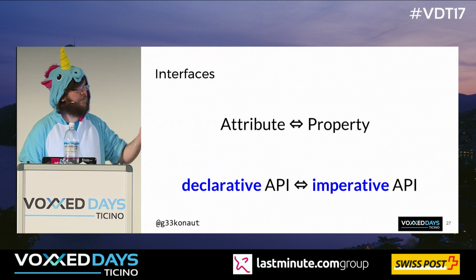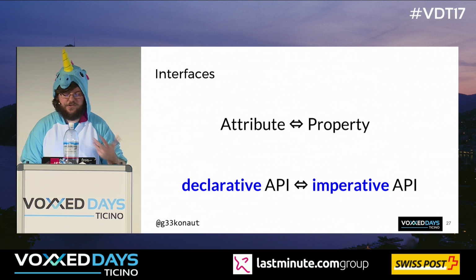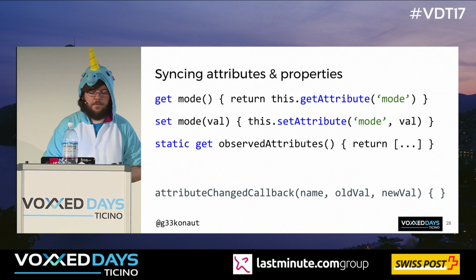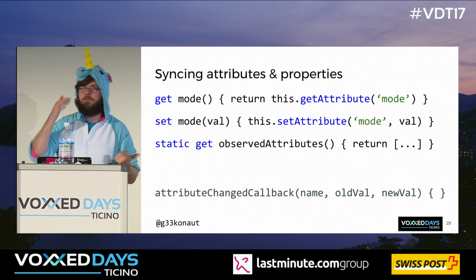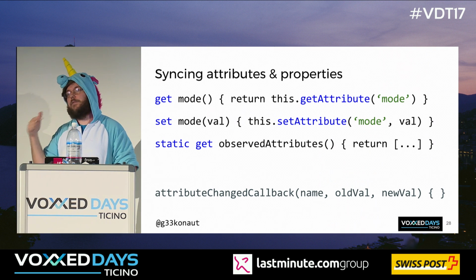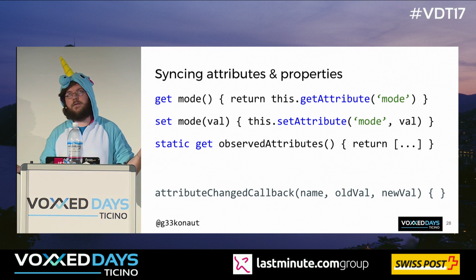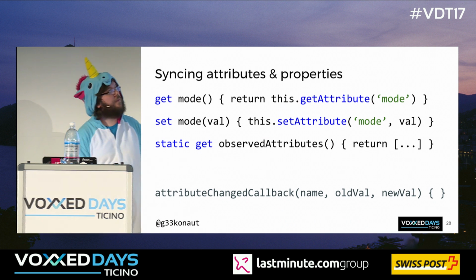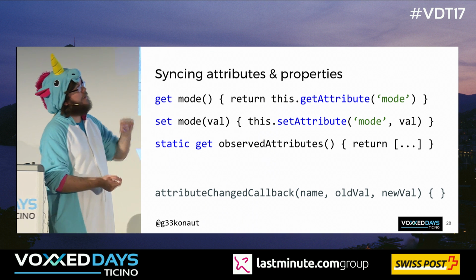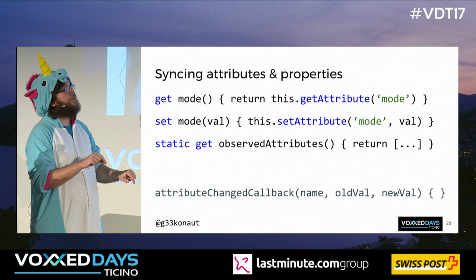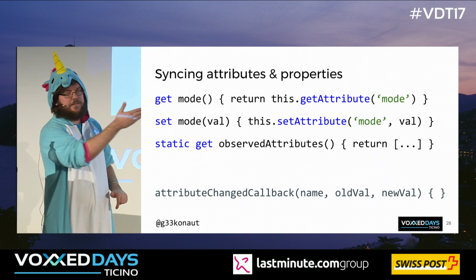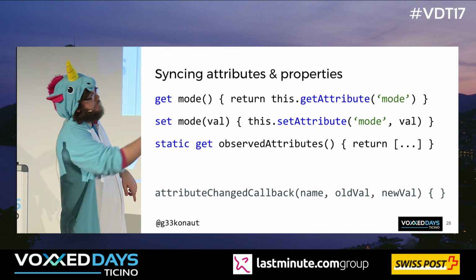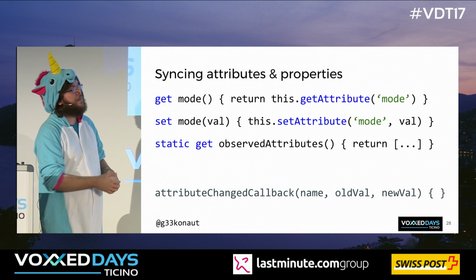That also can often be used for the initial values, to initialize your component with values. We can sync the two, so I would highly recommend that if you have attributes, you also have same-named properties, and you can sync them by using getters and setters. So if I do my component .mode, I basically just get whatever is in the component. If I do .mode equals lol, then I set the attribute as well.